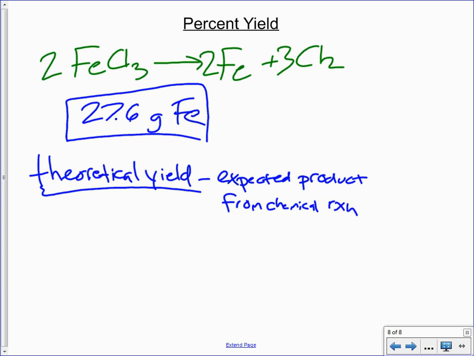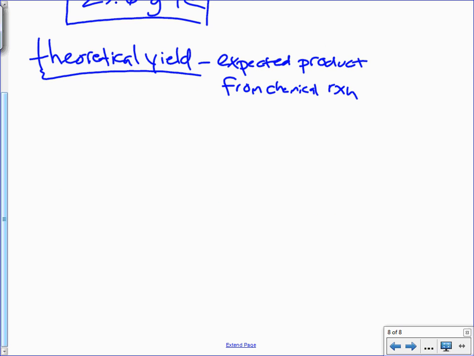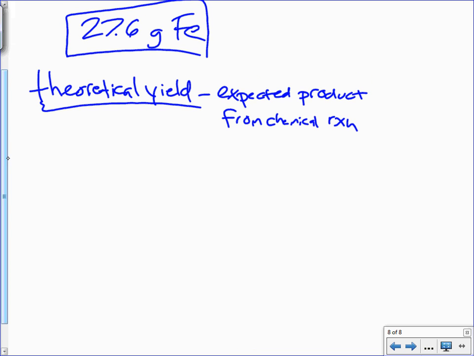Now, anybody who's ever done a lab before knows that it never actually goes as you plan, at least not perfectly. There's always going to be various sources of error. So if we did this lab, chances are we are not going to get that number exactly. We're probably going to get something along the lines of 26.5, 24.3, something a little bit lower.